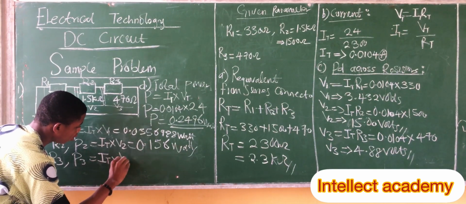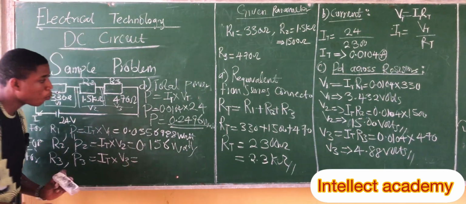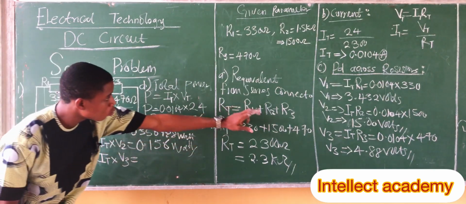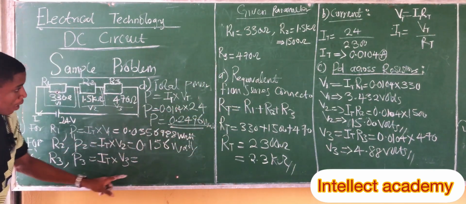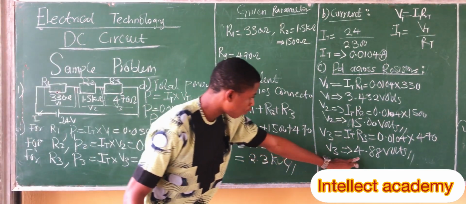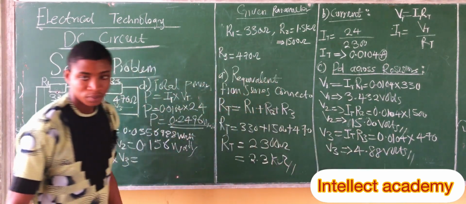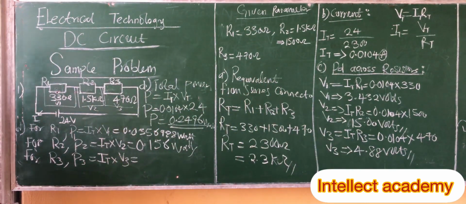IT multiplied by what? V3. So now point 0.0104 multiplied by V3. V3 is what? 4.88 volts. Point it, let's see what we have.